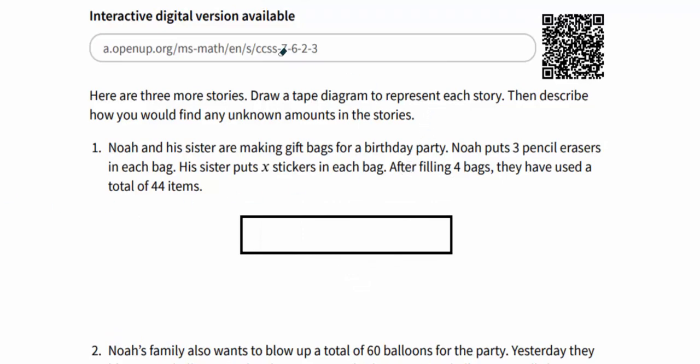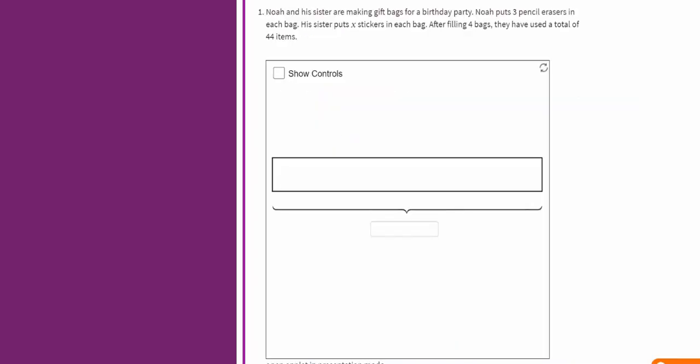So we also see that this problem has an interactive digital version available. So I'm going to take you to the website and show you how to use that tool. Okay, so here we are on the Open Up Resources website.